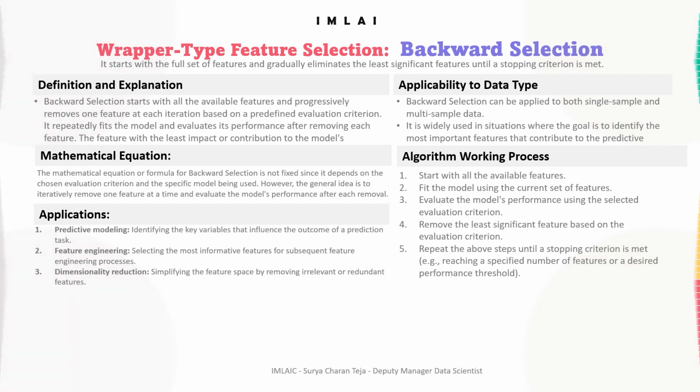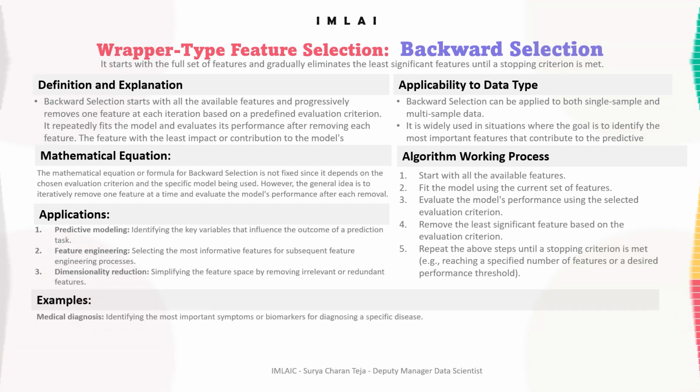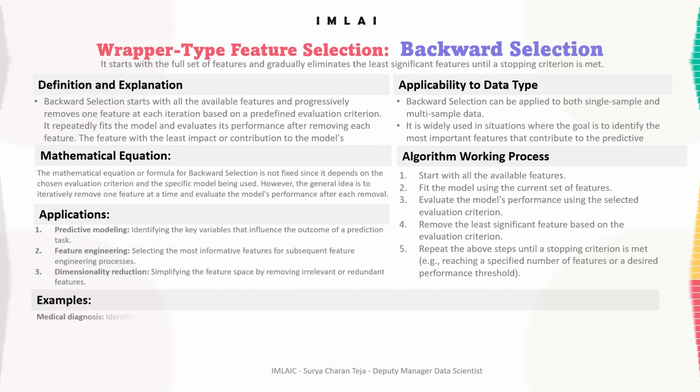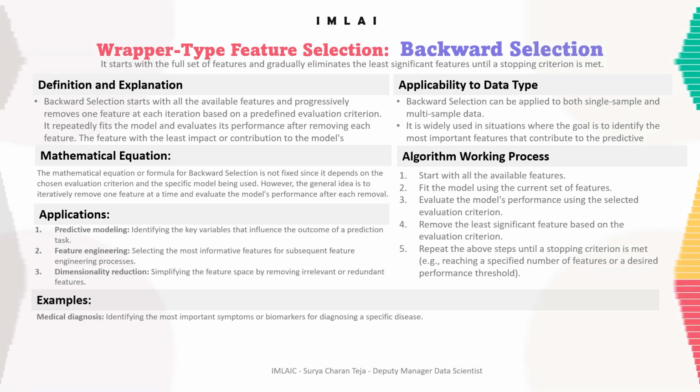So let's see some of the tasks or activities where this can be directly applied, or some of the projects where we can use it. Real world project examples. One is medical diagnosis, identifying the most important symptoms or biomarkers for diagnosing a specific disease. And second one is credit risk assessment, determining the critical factors that contribute to credit default.